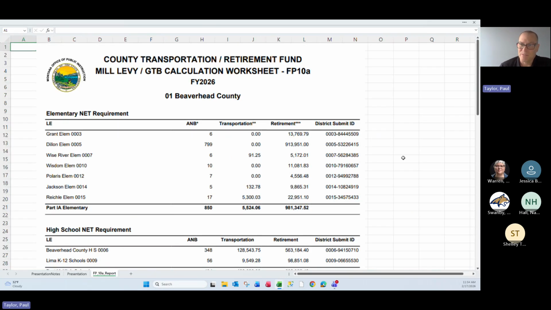All right, Shelley, this is maybe something you and I and counties and districts should talk about. This is currently a report that's generated, and we could modify this to include the elementary base and the high school base, but here's the districts in the county, including the joints. There's their submit IDs. This is the retirement summed up right here.